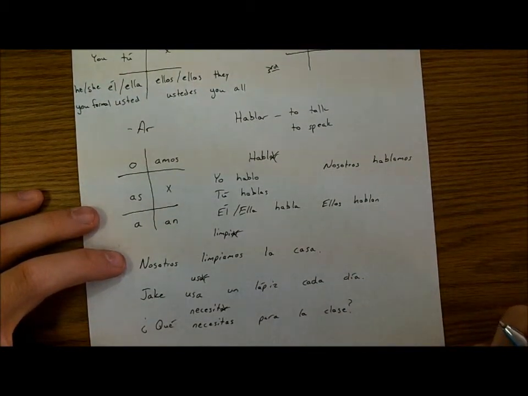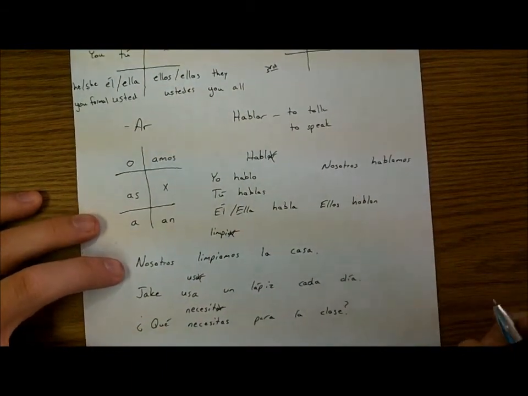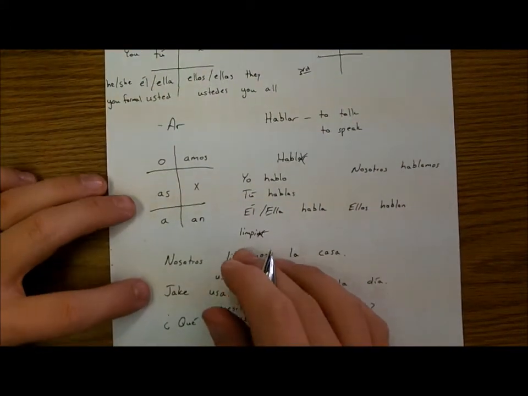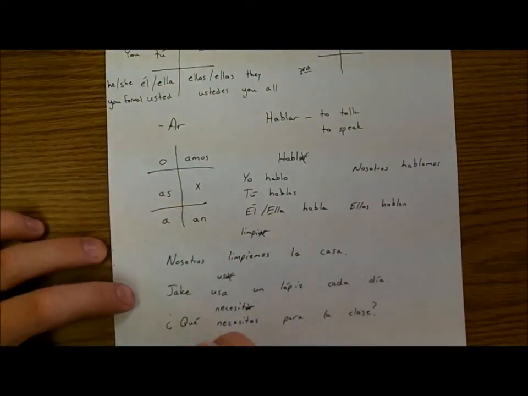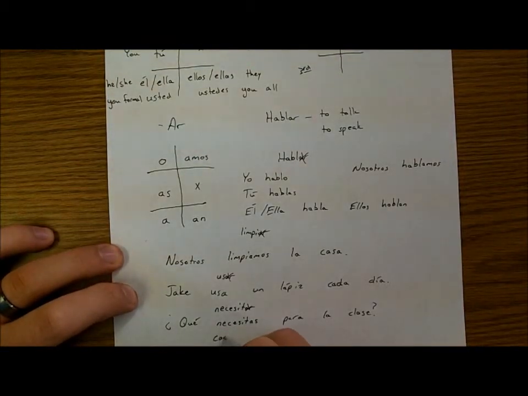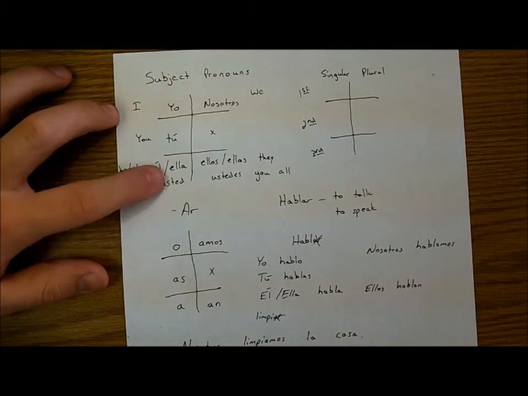Final one, we'll do I walk in the park. So the first step, we look back up at our subject pronouns, I equals yo. So we'll start off with yo. To walk is the verb caminar. So we'll cross off the AR. We'll once again look back up at our subject pronouns.